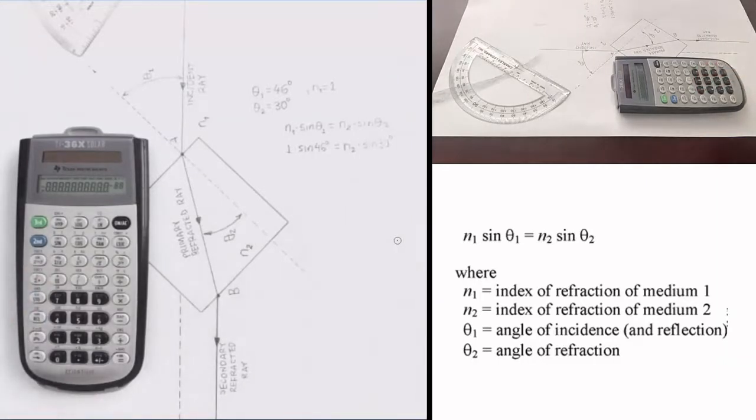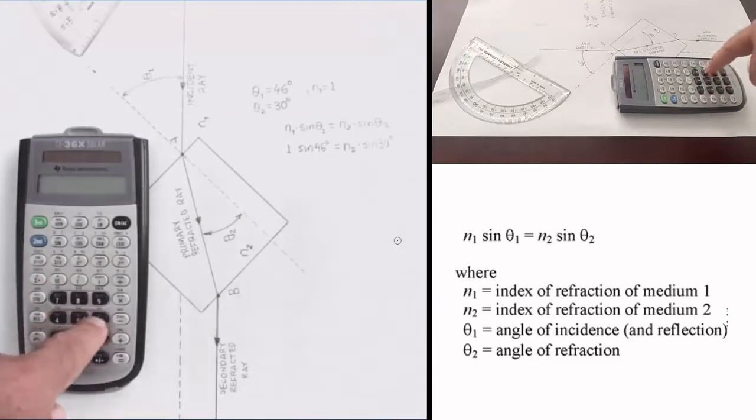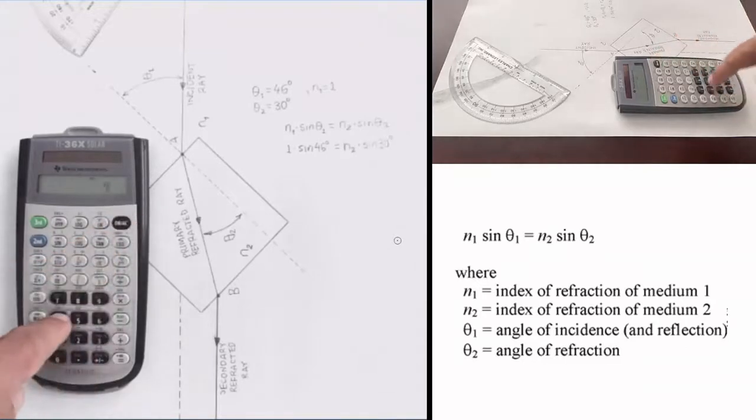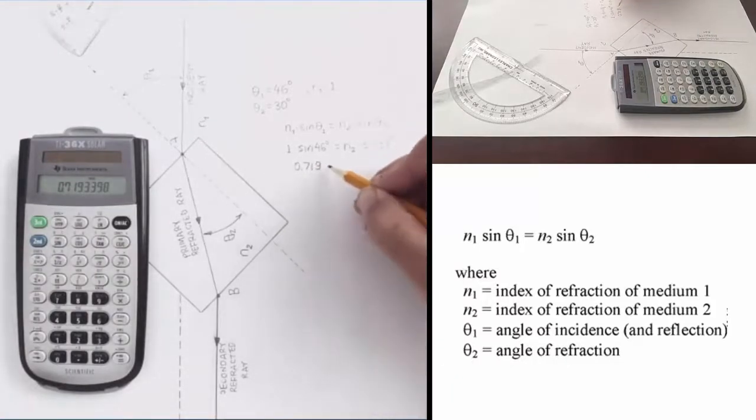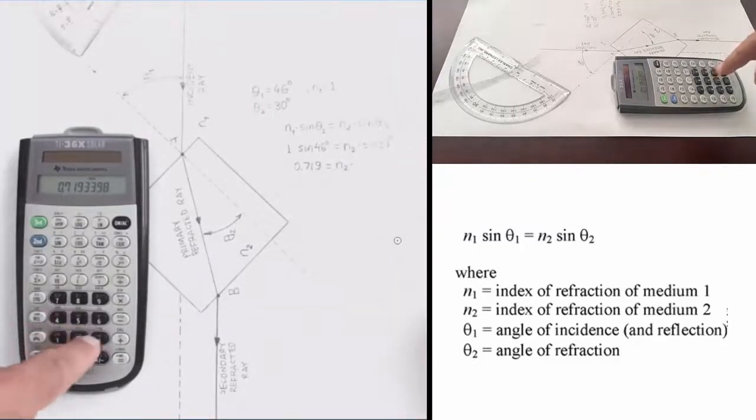So we have 46 degrees sine equal to 0.719, equal to n2 times 30 degrees sine, which is going to be half.